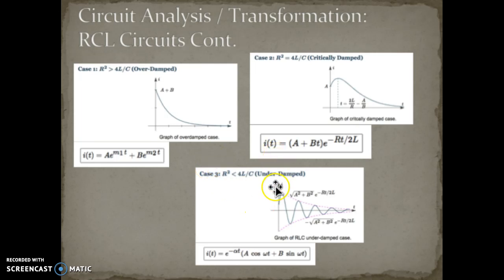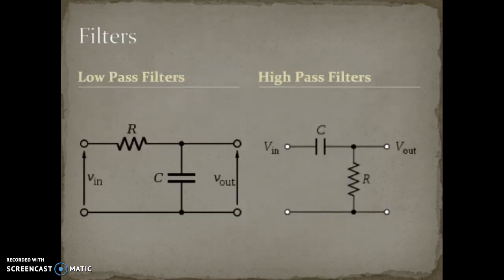However, by the end of it, they're all going to be approaching 0. And each one will result in a different formula for current. Oof. So let's just talk about filters right now, though.